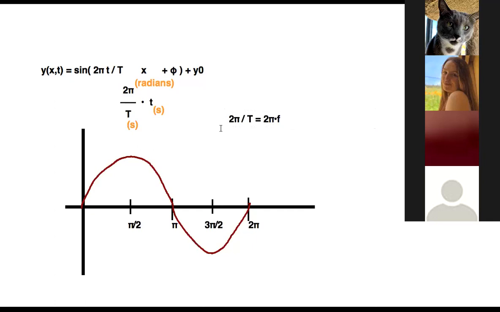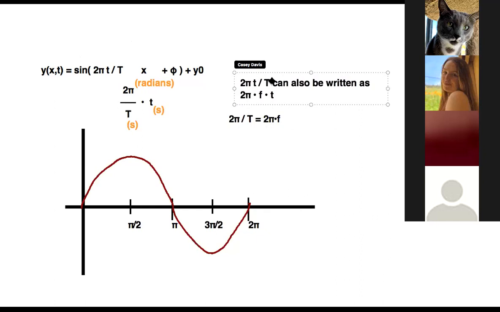So we've got 2 pi over period is the same as 2 pi times frequency, which means this whole 2 pi t over period can also be written as 2 pi times t times frequency, or usually 2 pi times frequency times time. So that's sometimes a more useful way to write it.